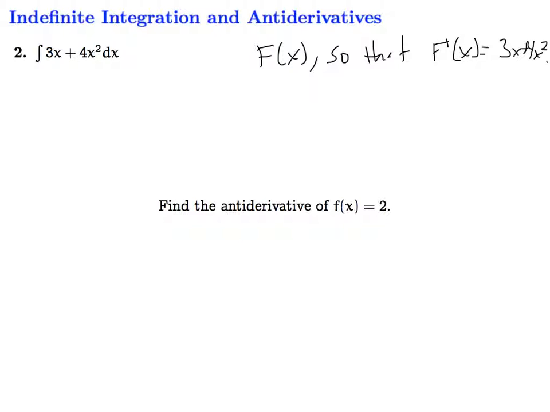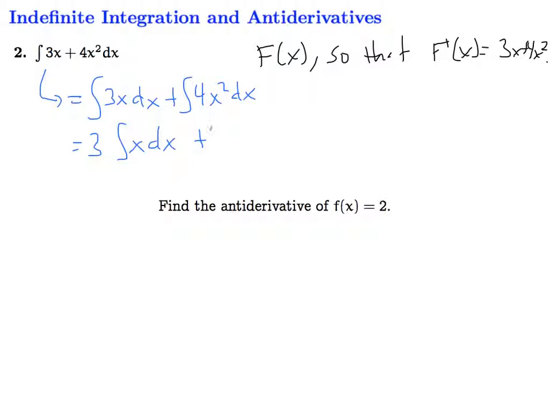Alright, so let's try to do this. The first thing we might want to do here is break it up into two separate indefinite integrals. Next, let's bring those constants out so that we're just looking at pretty simple things inside of our integrals. And well, let's see. 3 times the antiderivative of x. So what function do I know that when I take its derivative I get x?